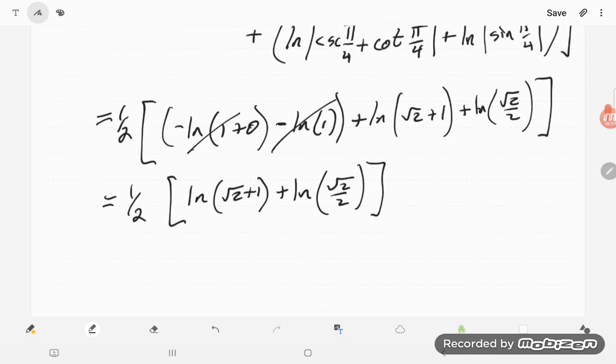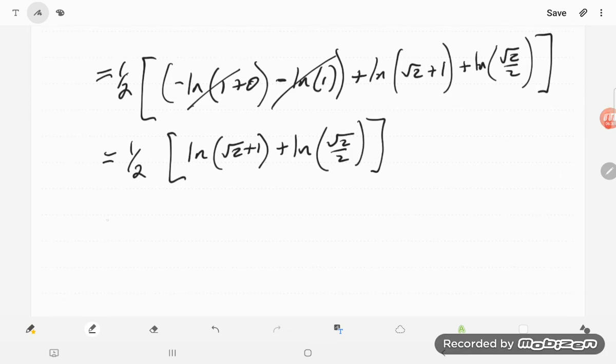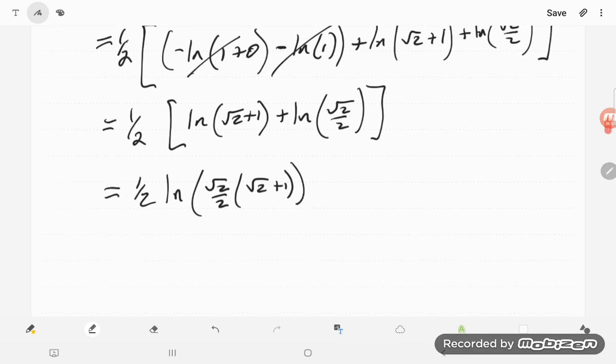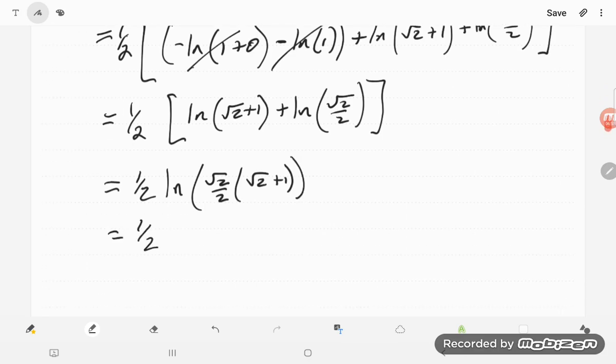Now, that's fine, but you can combine those logarithms because they're summed, so we can combine them into a product on the inside. And so this is the square root of 2 over 2 times the square root of 2 plus 1. And so this is 1/2 natural log. Well, square root of 2 times square root of 2 is 2, so we'll get a 1, and then plus the square root of 2 over 2.